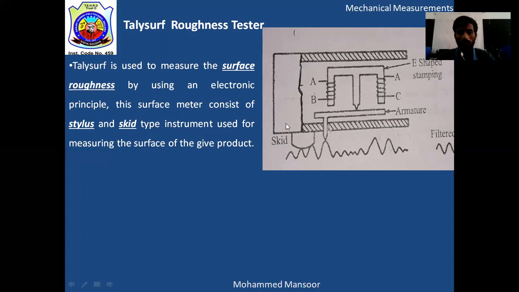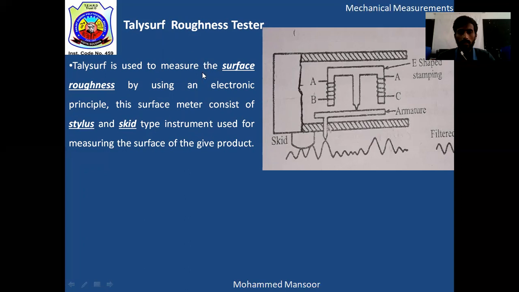And it consists of a skid for the movement of this tester, and the pattern of the surface of the object is shown here. It consists of an armature and a stylus. So this is all about the construction of the TaliSurf roughness tester.